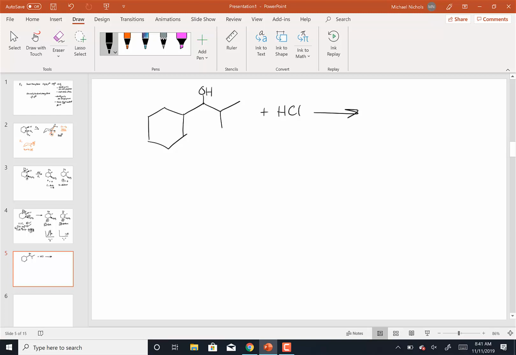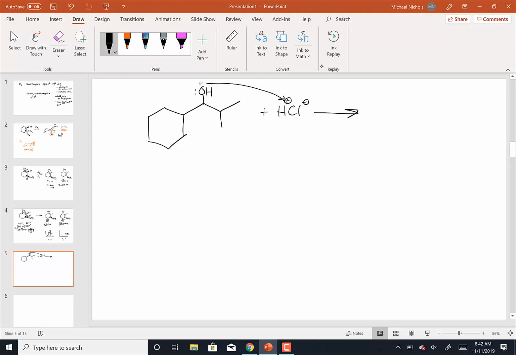And then I have 2 choices, right? Because I have with rearrangement, without rearrangement. So first of all, tell me how I'm going to start this reaction. What's my first step? Protonate the OH. I'm going to protonate the OH.